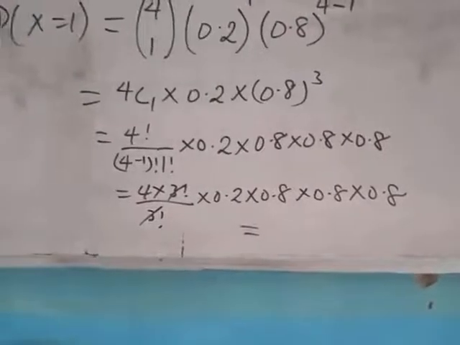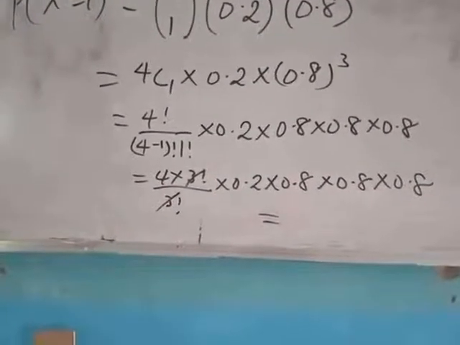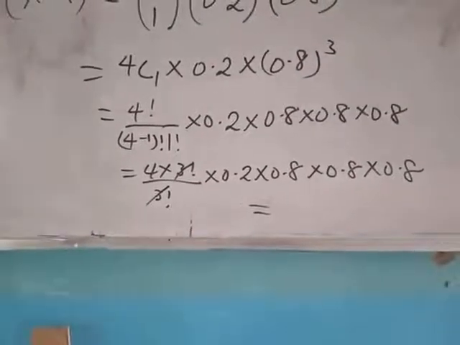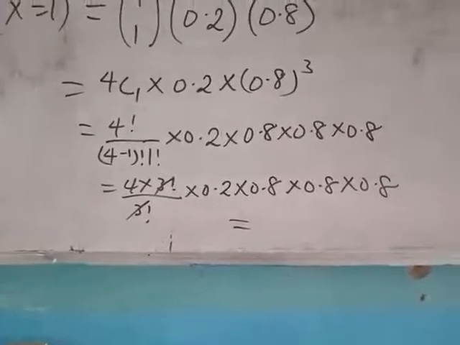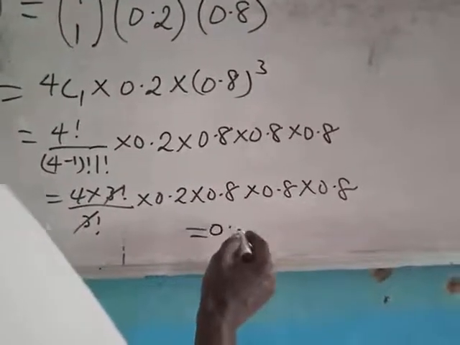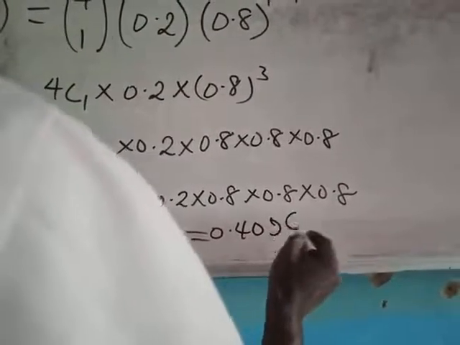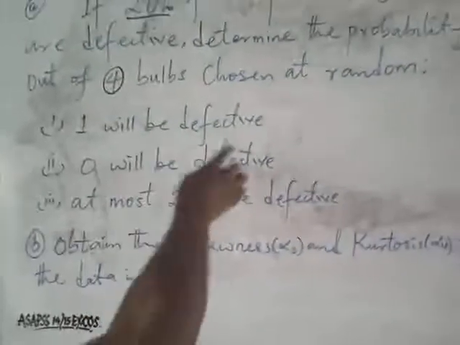When we simplify with the calculator, we discover our answer will be 0.4096. So this is the probability that only one will be defective.